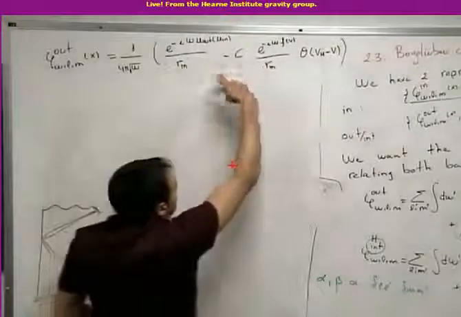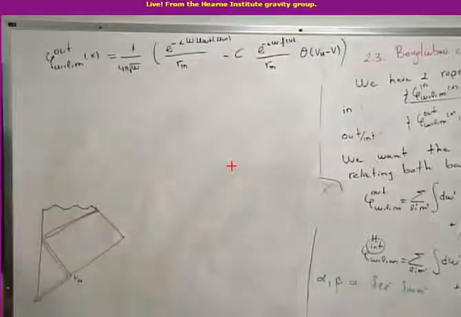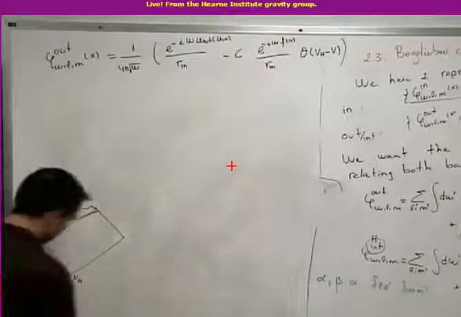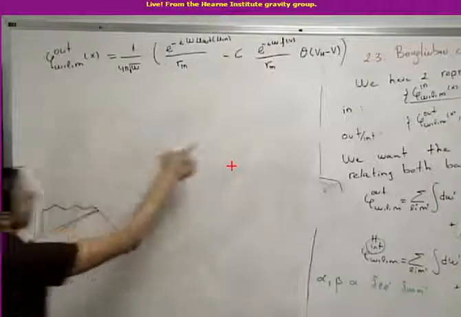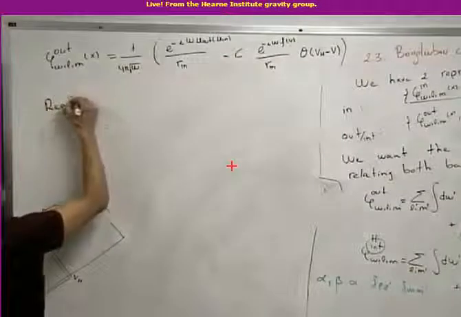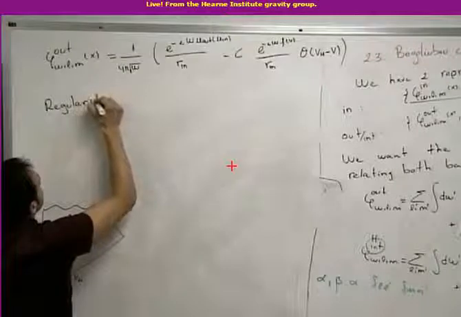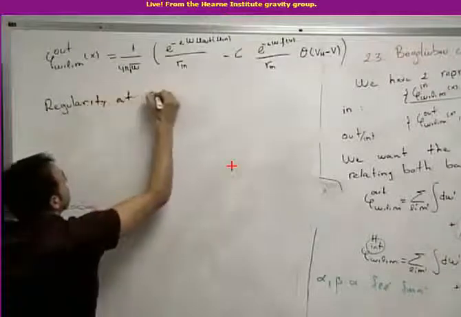So I have written this with the only condition that modes are a combination of out and incoming modes. Now, regularity will tell me what c and f are. I mean, regularity and also normalization. Regularity at r equals 0.